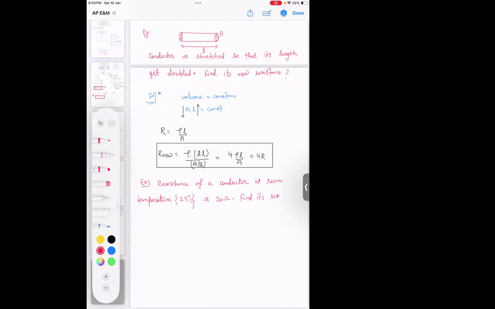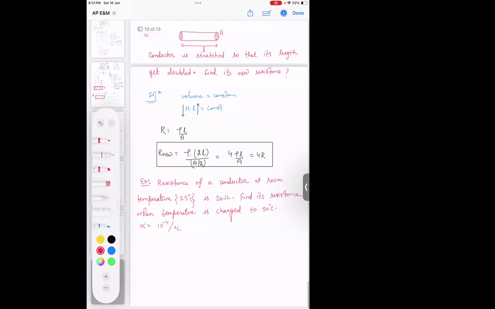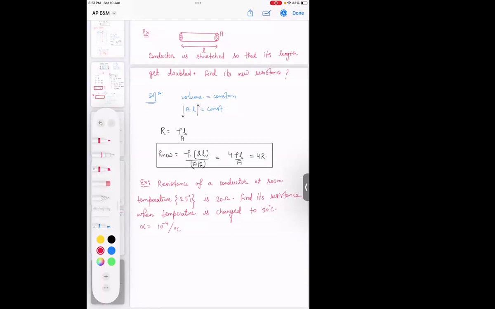What is its new resistance when the temperature is changed to 50 degrees Celsius? To solve this one, you will need the temperature coefficient of resistance. The alpha is given in the question as 10 to the power minus 4 per degree Celsius. Alpha is not a very big value.